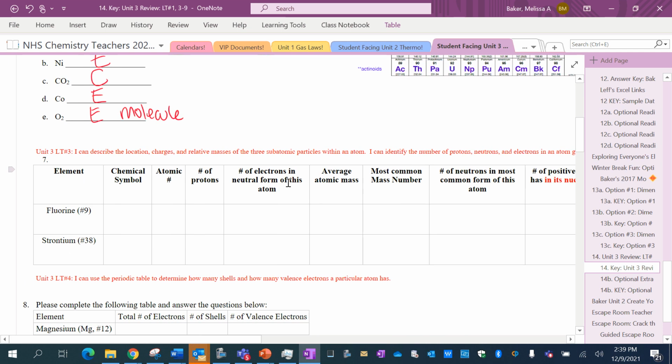Okay, so as a little review, in the nucleus of an atom, there are protons, which have a positive charge, and neutrons. Electrons are in the shells that orbit the nucleus. Protons and neutrons weigh 1 AMU, and electrons weigh very, very little. It's considered negligible. So let's take a look.